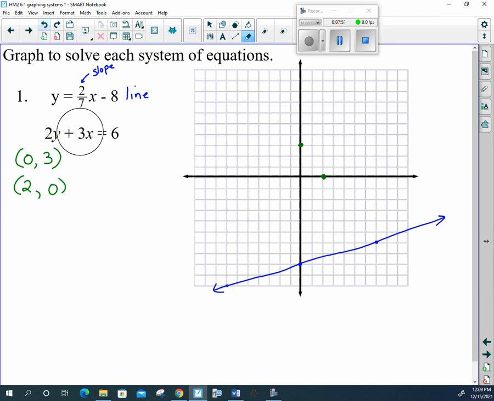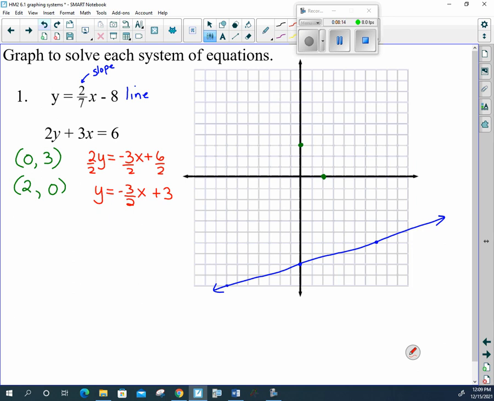Now, if you wanted to solve it for the letter y, you would say 2y equals a negative 3x plus 6, and then you would divide everything by 2. And you'd end up with y equals a negative 3 over 2 x plus 3. And notice if we come over here, it kind of lines up with the 2 points we already had.